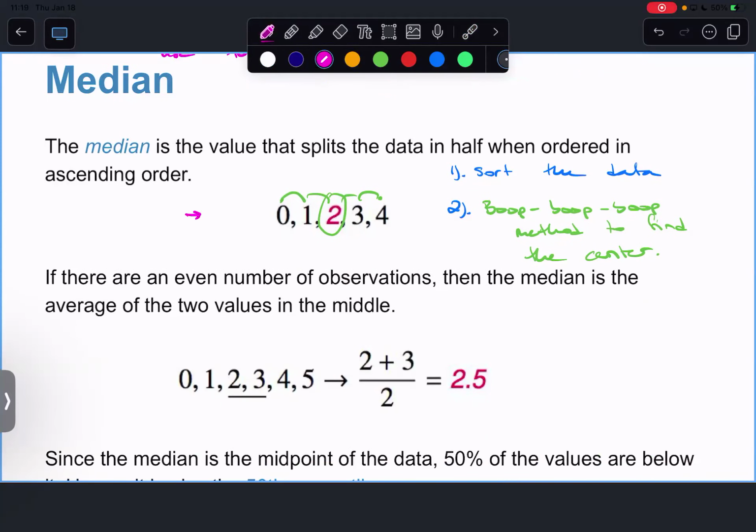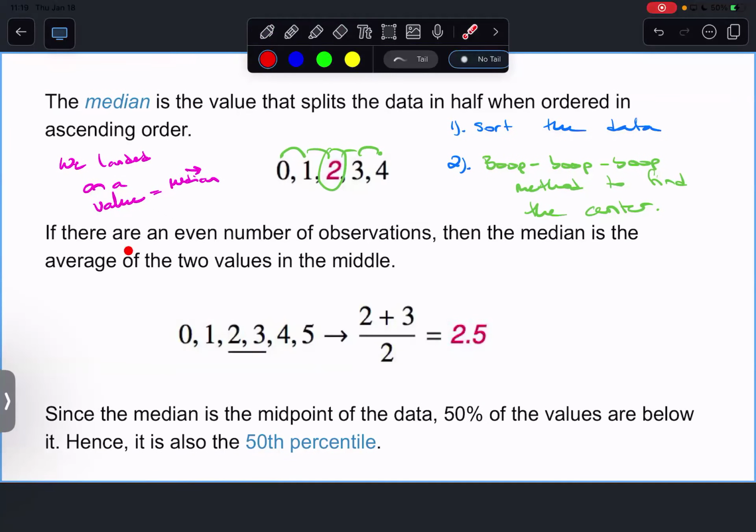Here we landed on a value, which is the median. Whereas if there are an even number of observations, then the median is the average of the 2 values in the middle. Fair enough.